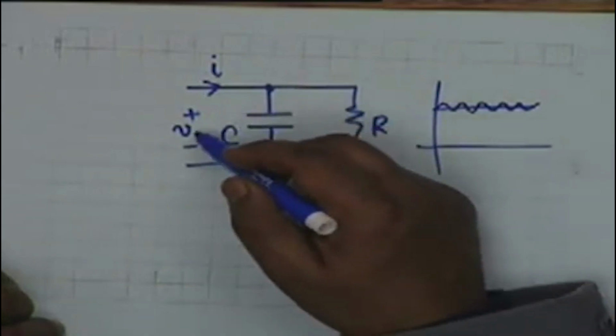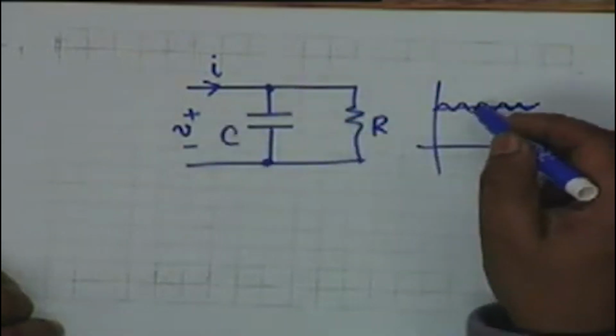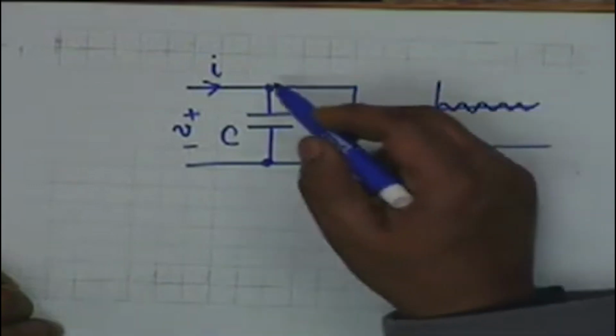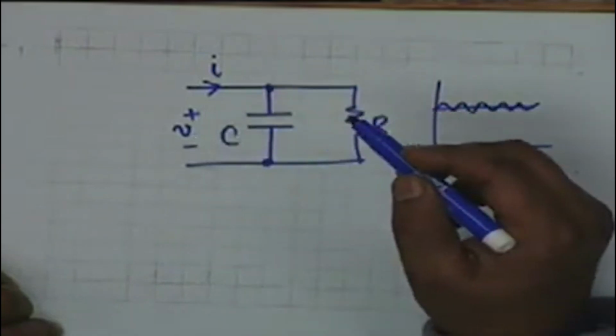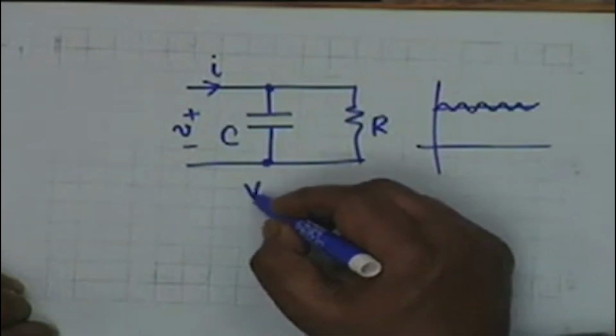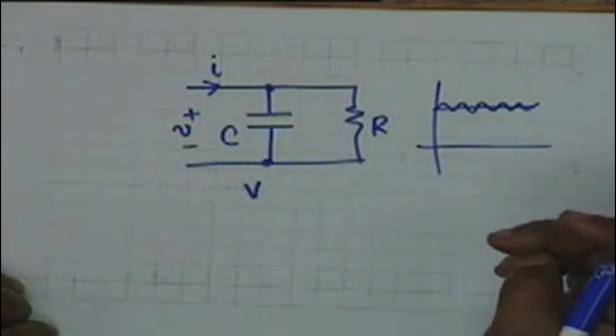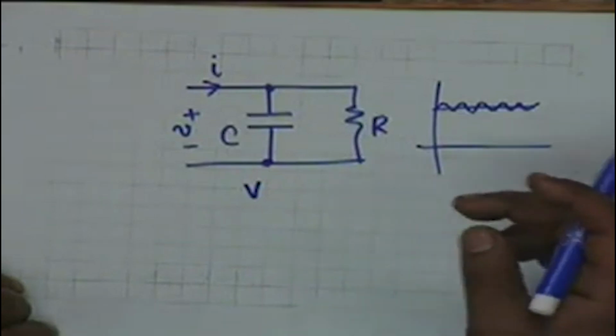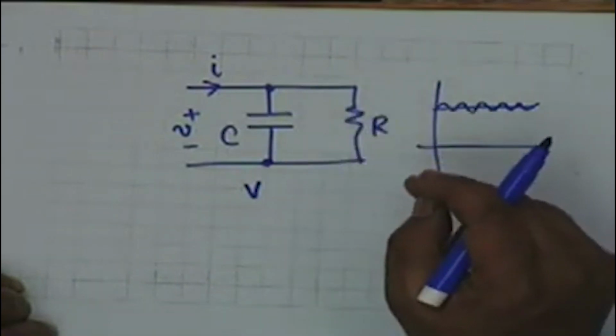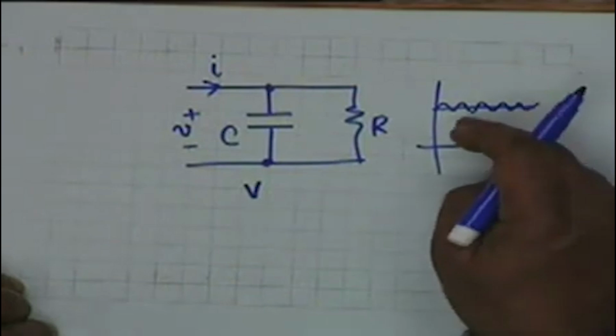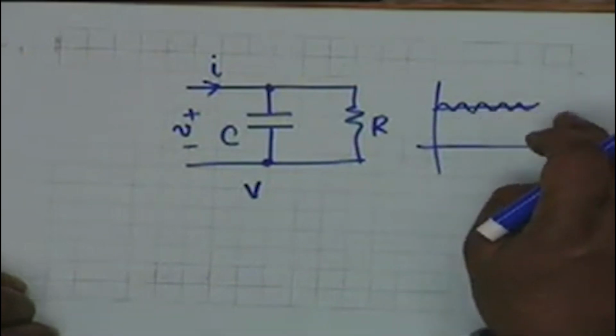The voltage shall not display the ripples in the current, and therefore this voltage shall be approximately constant, and let this constant voltage be equal to capital V. In that sense, this circuit is said to be a filter. It is as if it filters out the small ripples in the current.